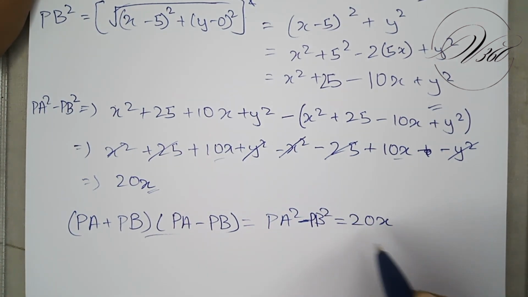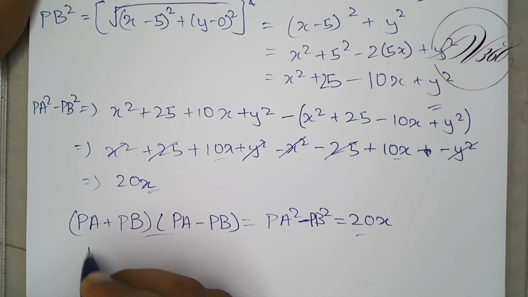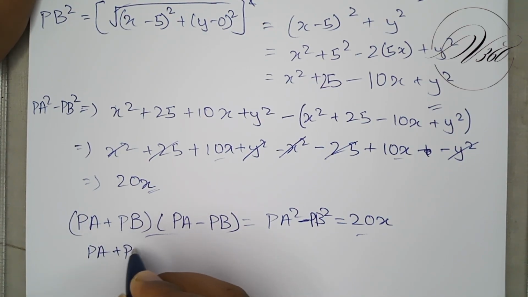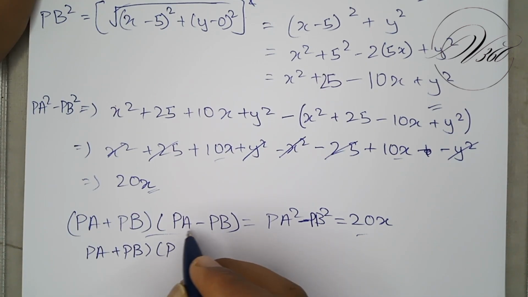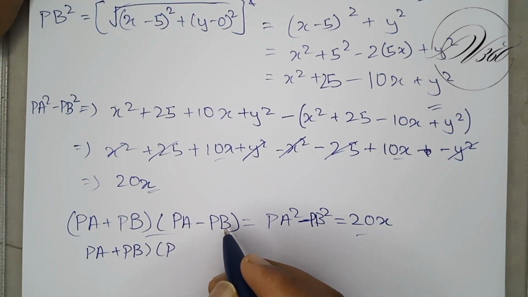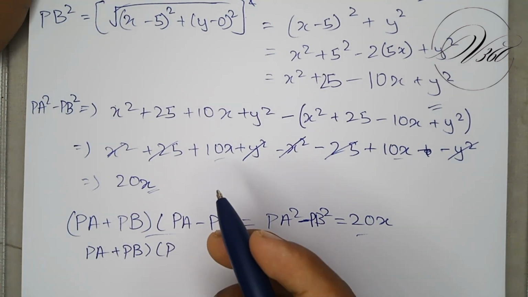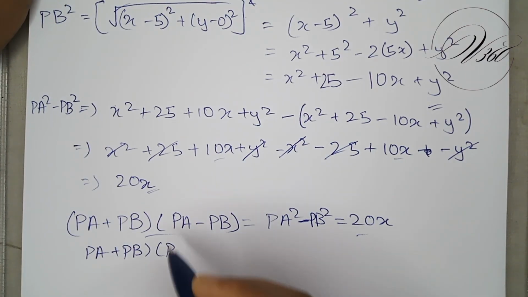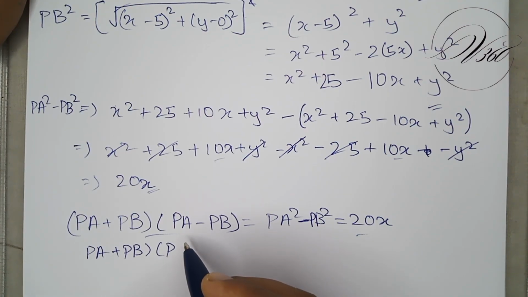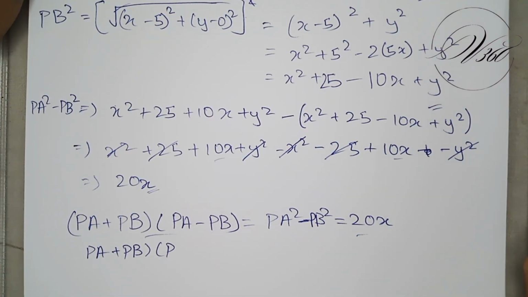Now we will equate this both. PA plus PB into PA minus PB, will directly write the value. Here, in the given condition of the question, we'll get it as PA minus PB is equal to 8. Okay, we will take that as equation 1.